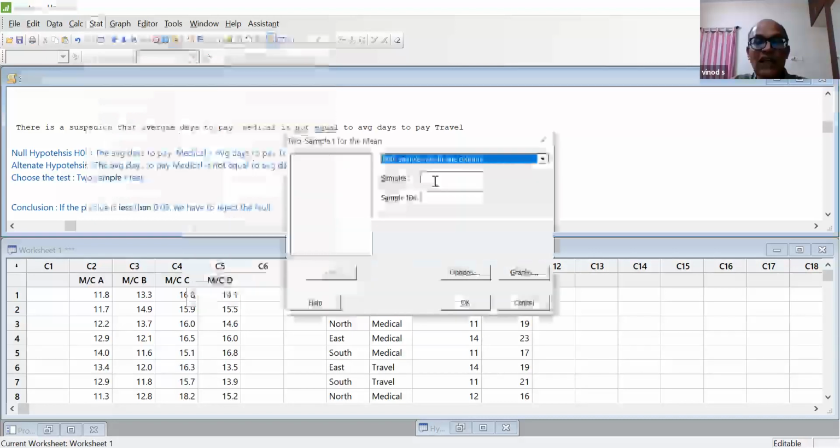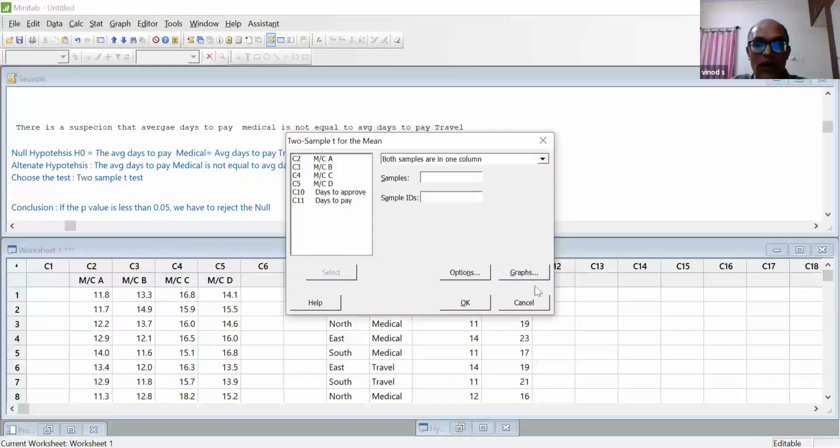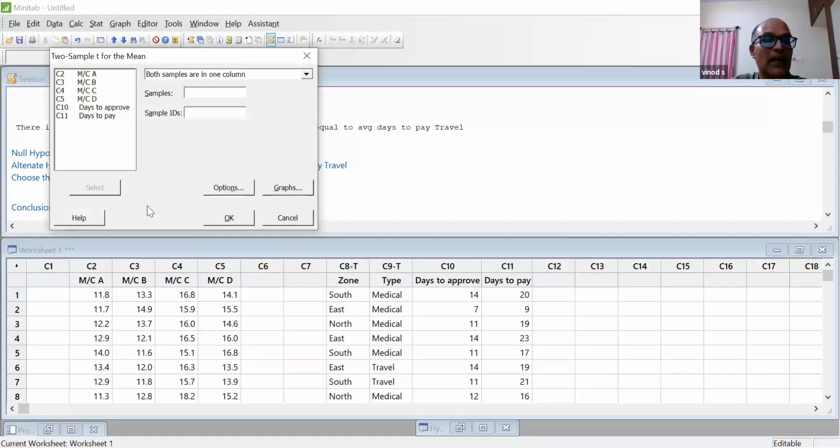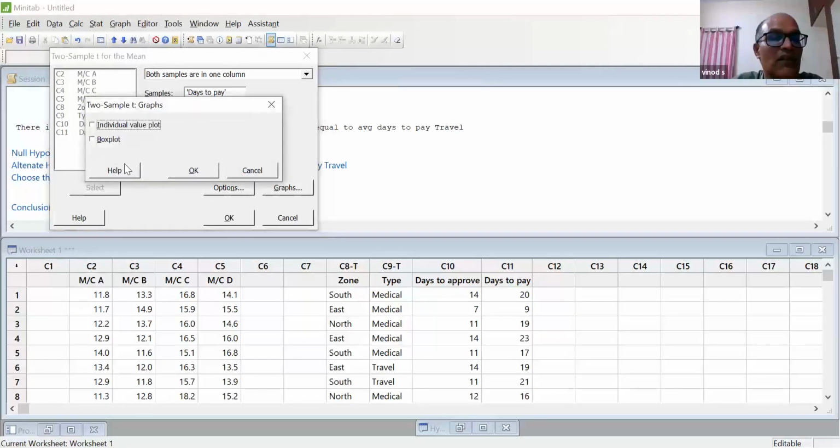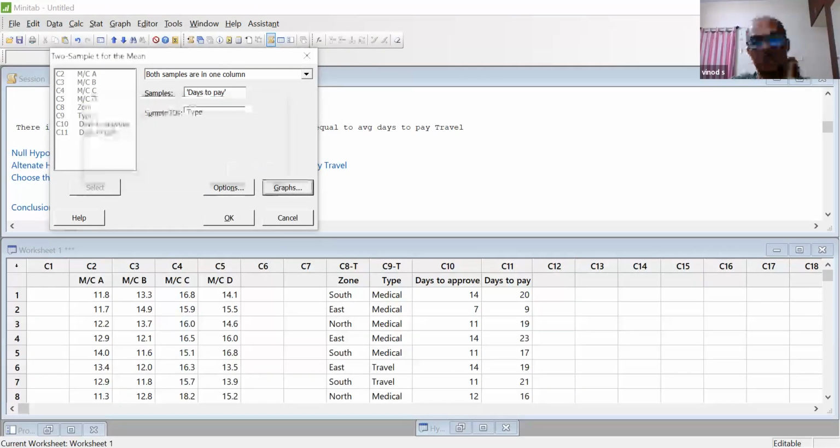Samples are lying in days to pay, right? So days to pay. Now the sample ID is lying in type, in this column, so that is type. Select. Here maybe you can take a graph also. In this case, I'll put a graph also, so we can see how the graph looks.